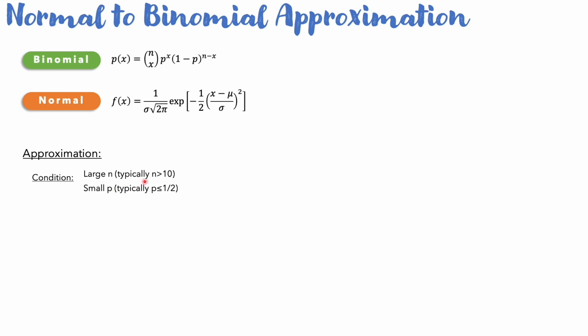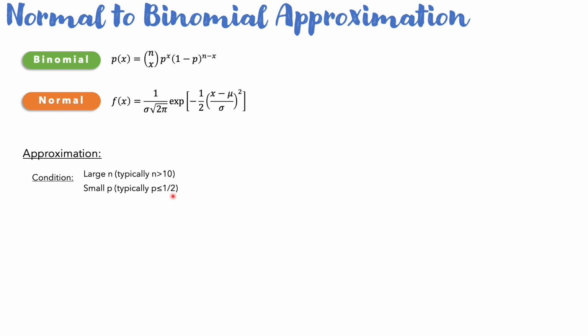Experimentally, it is observed that when n is larger than 10, meaning our sample consists of 10 measurements, or we have chosen 10 samples out of the lot, or more than that, and our values for p are typically smaller than 1 over 2 or 0.5, then this approximation gives us adequate results.